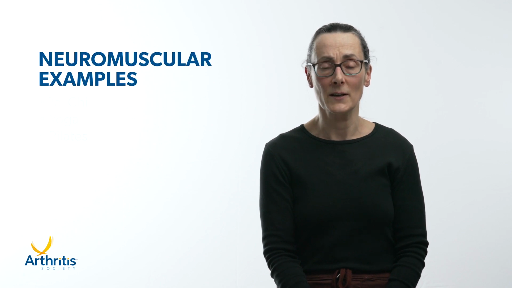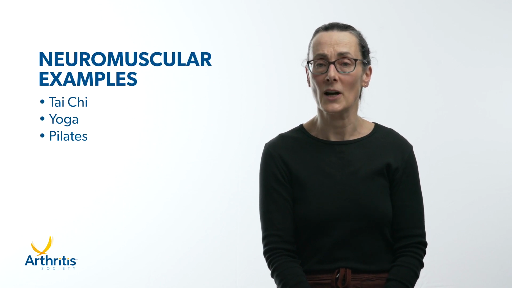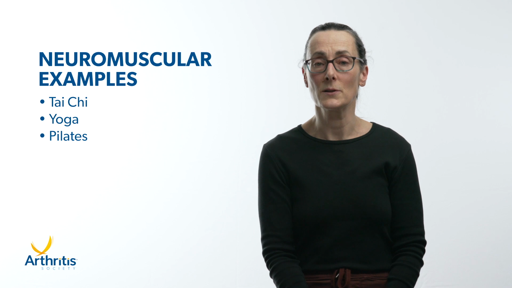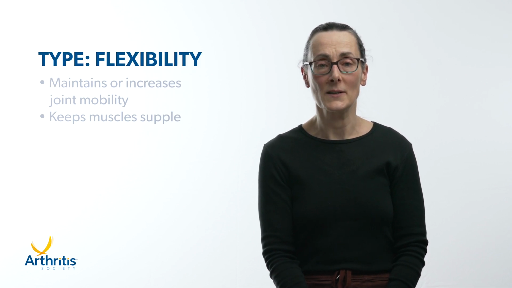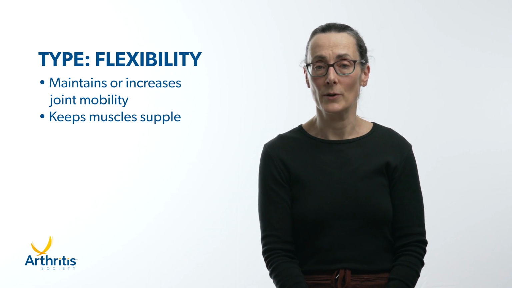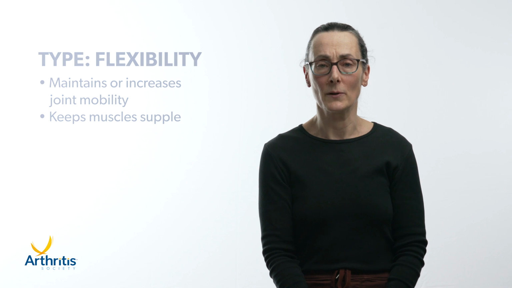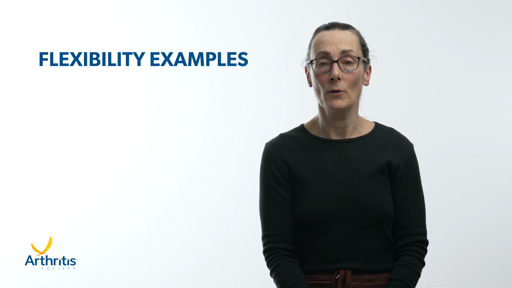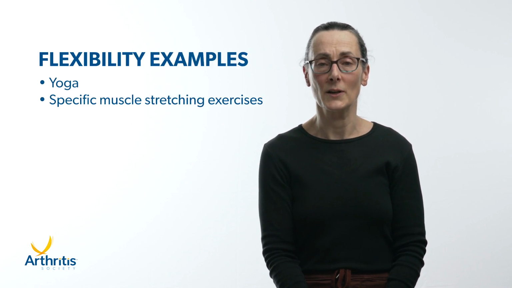Examples of neuromuscular activities are Tai Chi, yoga, and Pilates. There are also specific exercises that you could do. Flexibility exercise and activity maintains or increases your joint mobility and keeps your muscles supple. For example, yoga and specific muscle stretching exercises.